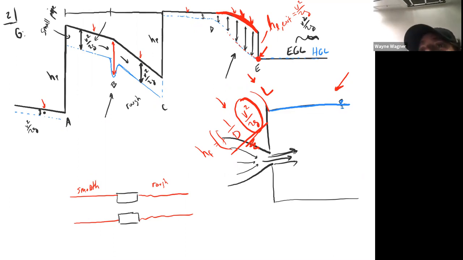So we get a real big increase in V squared on 2G, but just right in here. And then it goes back to being the same V squared on 2G over here as it was over there because of conservation of mass. I can't remember what the options were for this, but that's what they wanted you to get at: a gradual expansion, a contraction, followed by an expansion.